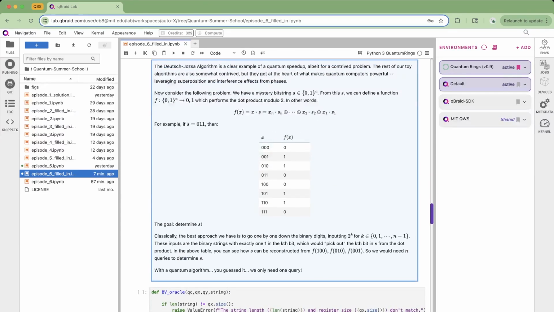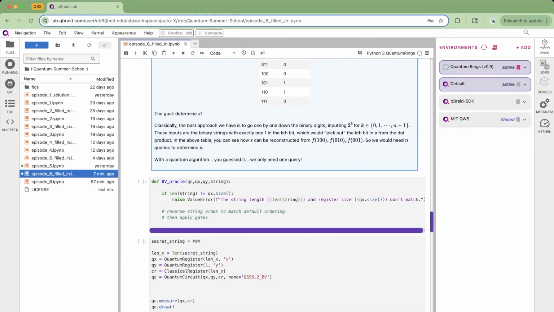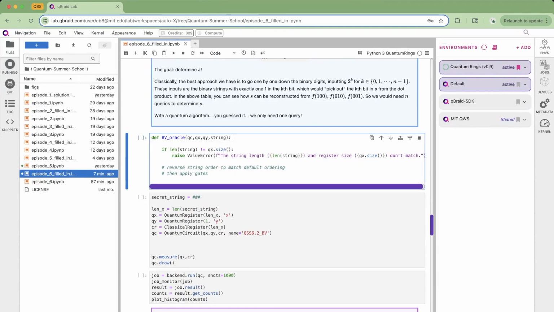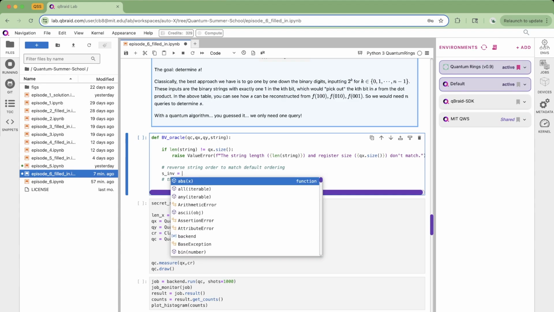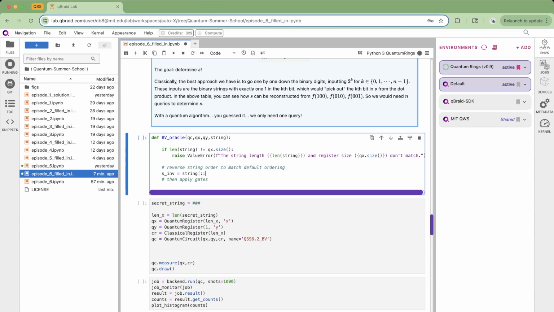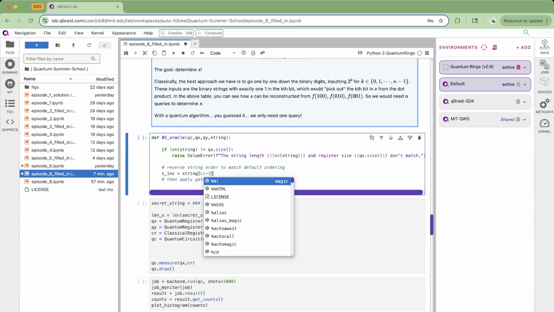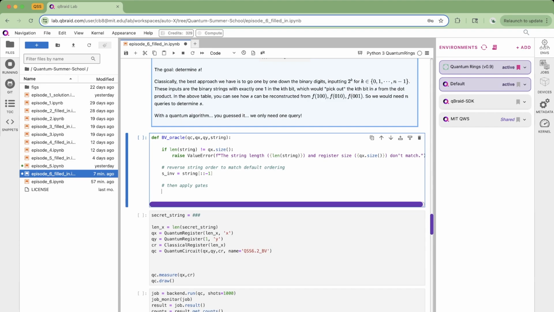So let's go back to the coding notebook now. And let's build up the Bernstein-Vazirani oracle together. So the first thing that we'll want to do is, given a string, we want to reverse the string order to match the default ordering in Qiskit. So we can get the inverted string, which will just be this written backwards. And then we want to apply our gates.